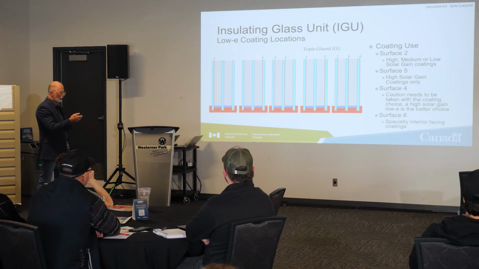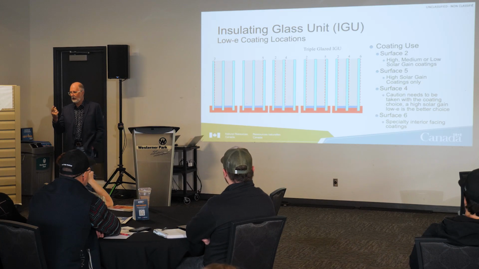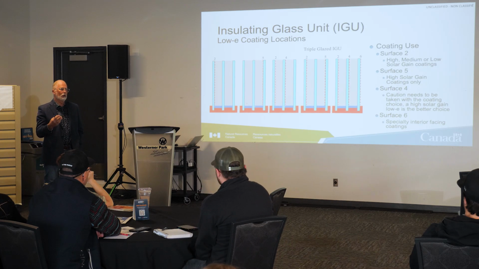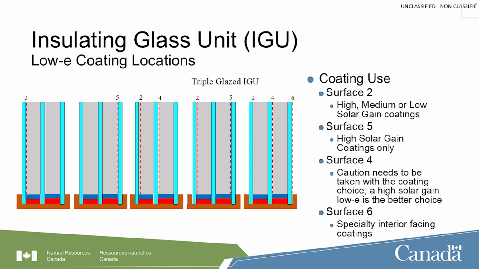So we look at the coating use and we look at the type of coating it is. So remember we said that there's a single coating, which is high emissivity, there's a double coating, medium, and there's 3 coatings, which gives you low emissivity. We can combine those now, right? So surface 2, you could have high, medium, or low right here.